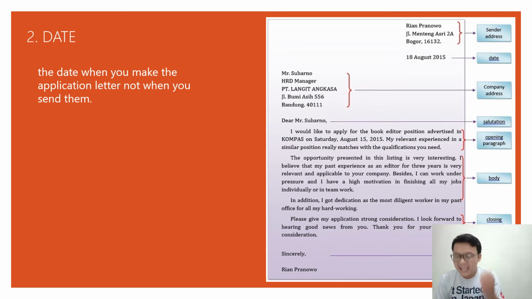Because 18 August is the date when you write the application letter. You can send it the next day, or you can send it the next week, for example. But remember that the date is expected to indicate the time of you writing the job application, right?